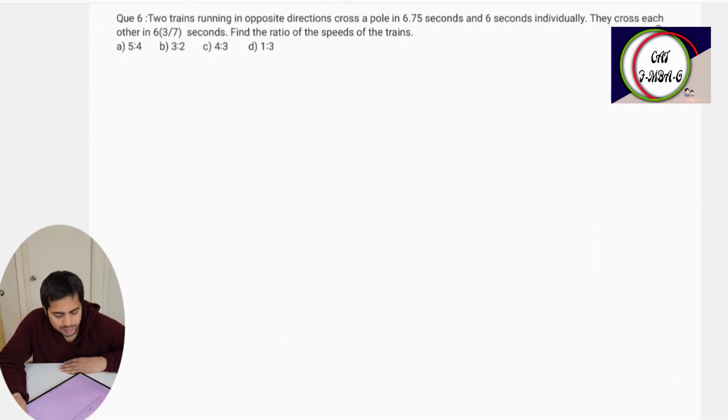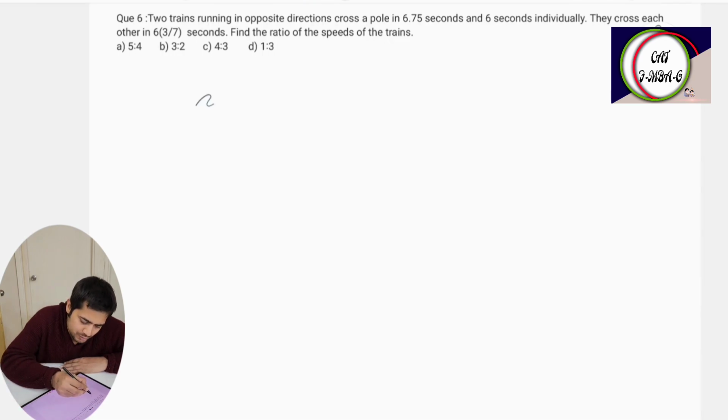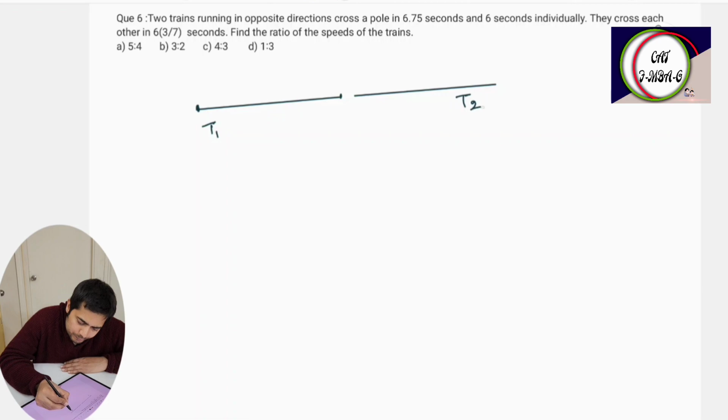Okay, two trains are running in opposite directions. T1 and T2 cross a pole in 6.75 seconds and 6 seconds individually. They cross each other in 6 3 by 7 seconds.